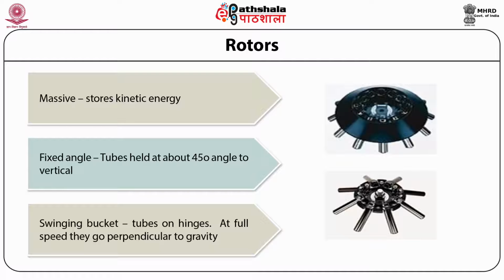Most rotors have openings to place sample tubes of a specific size and volume. Fixed angle rotors have the openings for the sample tubes lying at a fixed angle from the axis. Other rotors have openings perpendicular to, or near to, the vertical. A swinging bucket rotor comprises a ring of individual tube holders on hinges that help the tubes swing outward as the spinning begins. This results in the horizontal alignment of the tube with the direction of force.